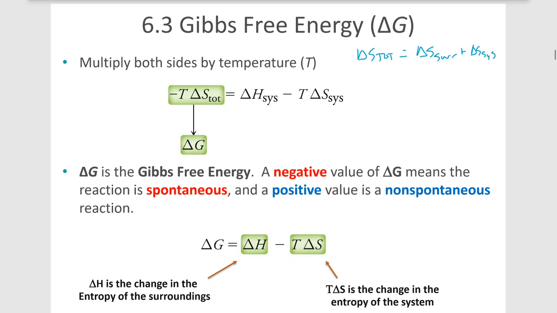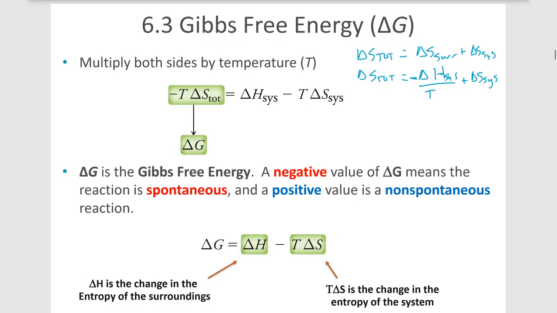And so we saw that we could define delta S for the surroundings as negative delta H for the system over T, okay? And so that would give us delta S total is equal to negative delta H for the system over T plus delta S for the system, okay?